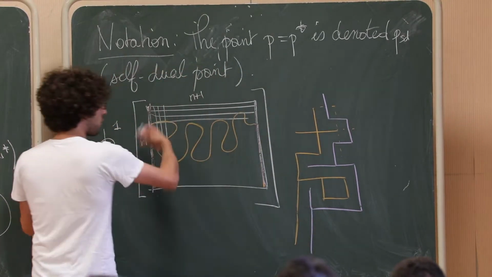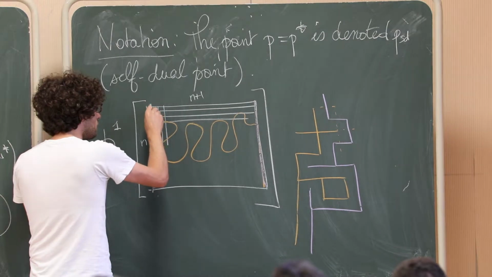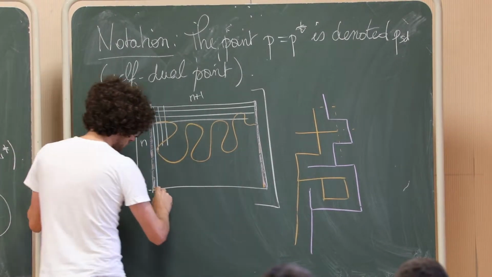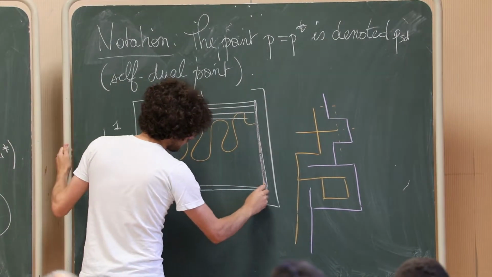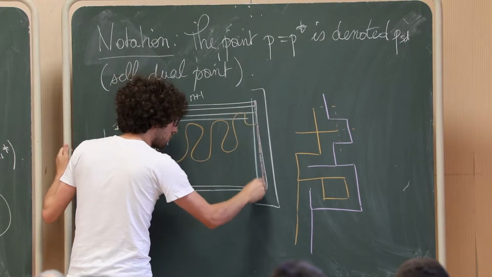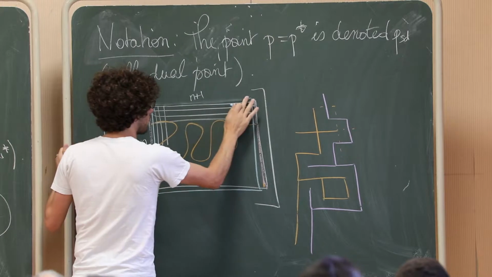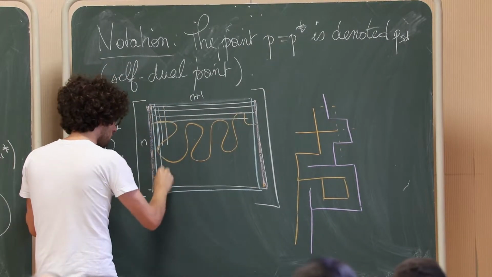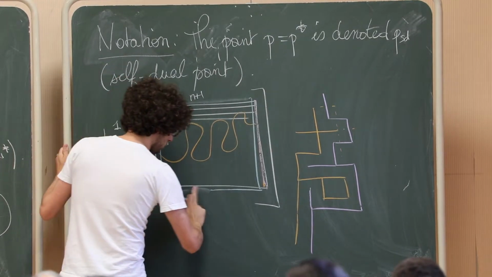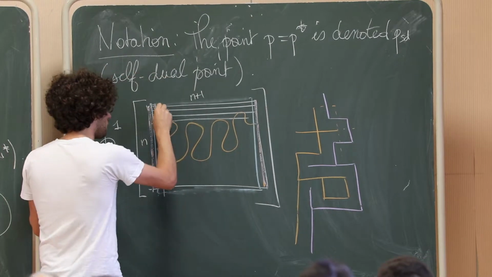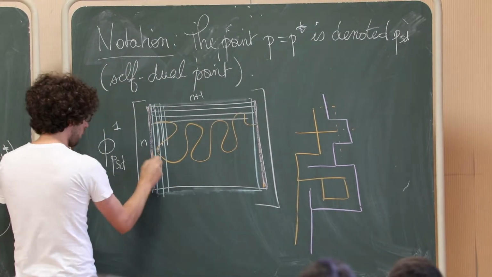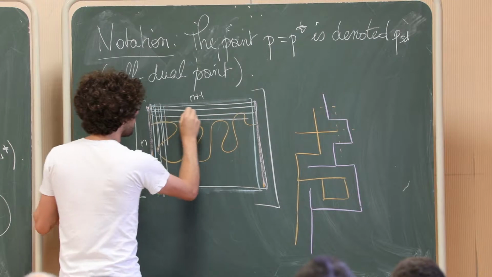Notice that the dual graph of this graph is in fact something that looks like that. It's edges that just go and exit by 1, and same thing like that.